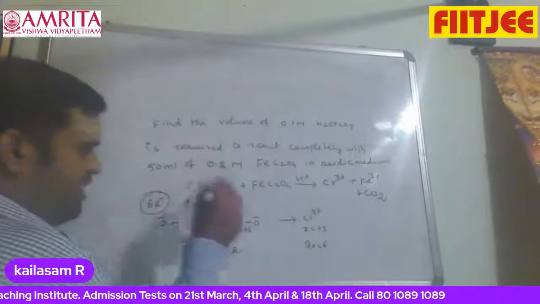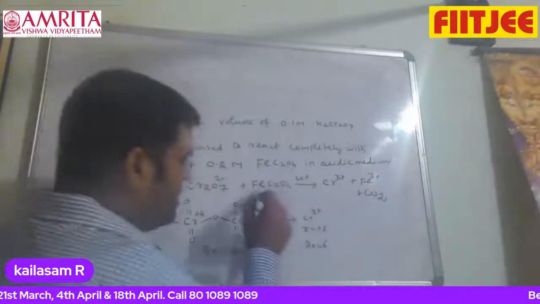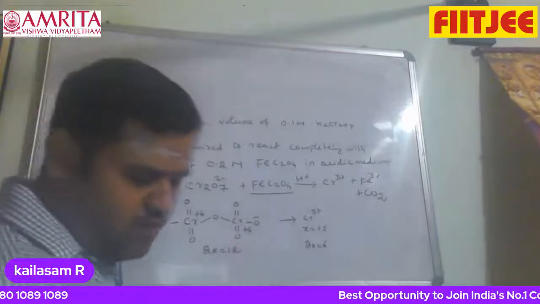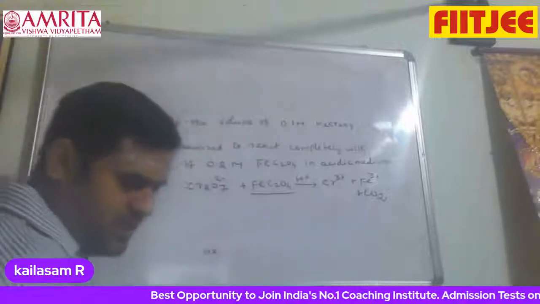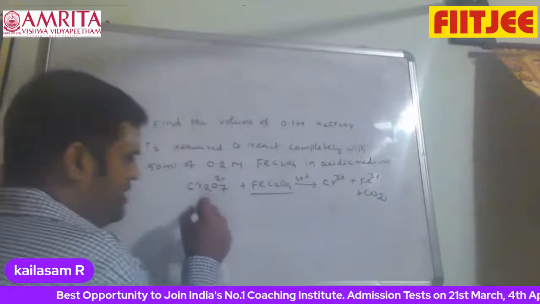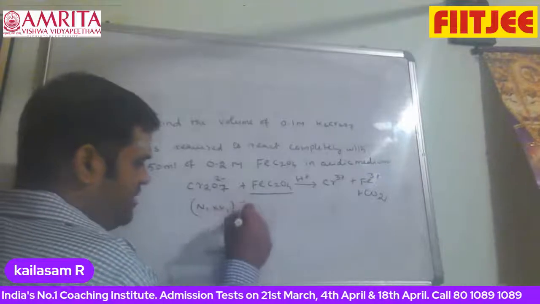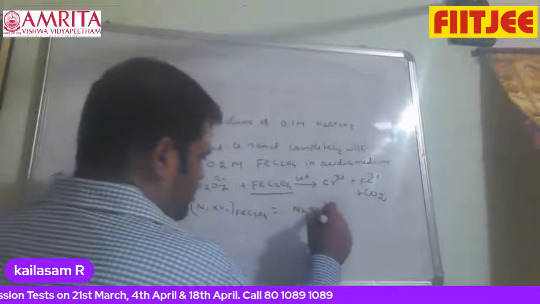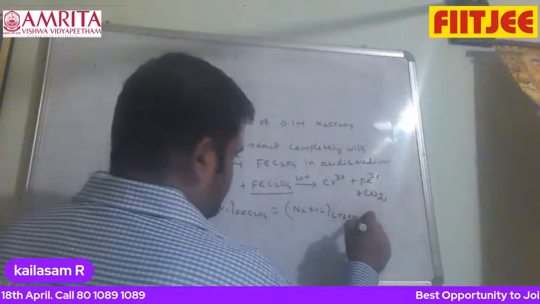Therefore, n factor of Cr2O7 2 minus is 6. And we have learned already, FeC2O4, the n factor is 3. Now we can write it as per the law of gram equivalence. I'll take n1 into v1 of FeC2O4, nothing but n2 v2 of Cr2O7 2 minus.